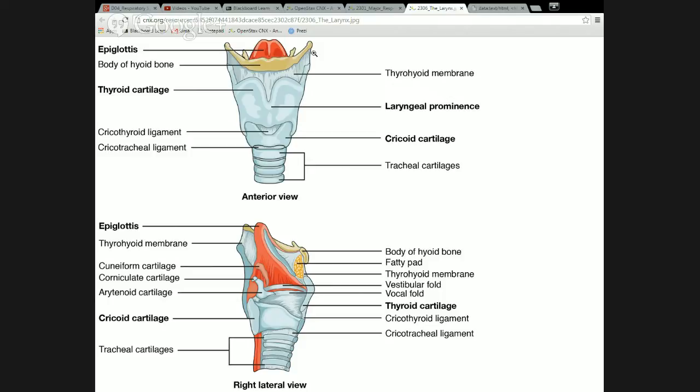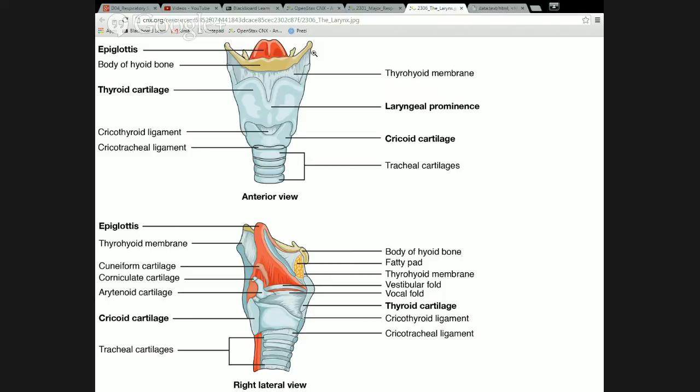So in this model, we can see some dense connective tissue that it's attached to. Also, it's attached to a lot of muscles. For instance, the hyoglossal muscles go from the hyoid bone to the tongue, which is what glossal means. And as you're moving your tongue for speaking or swallowing, mostly swallowing, the hyoid bone will move with that.